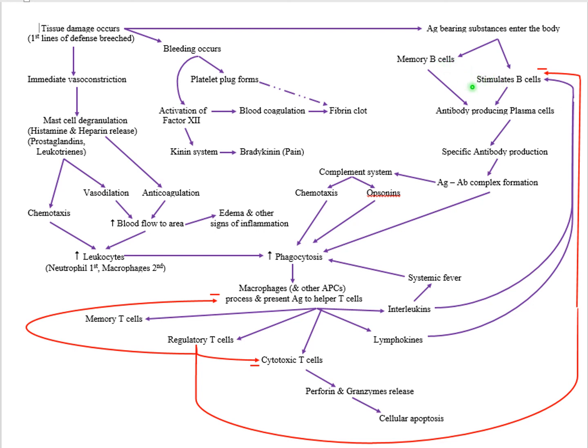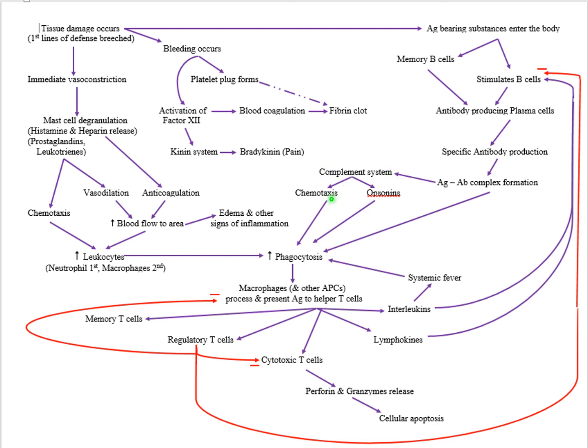And I didn't put the arrow in because there were just too many arrows going on. The plasma cells will begin to produce antibodies to the specific antigen. The antibodies go out and bind to the antigens to form antigen-antibody complex. That alone will increase phagocytosis. The antigen-antibody complex will also activate complement through the classical pathway.